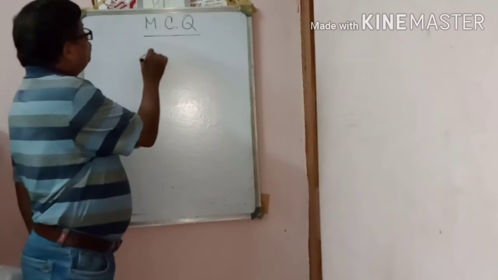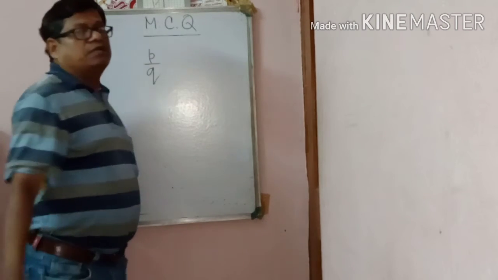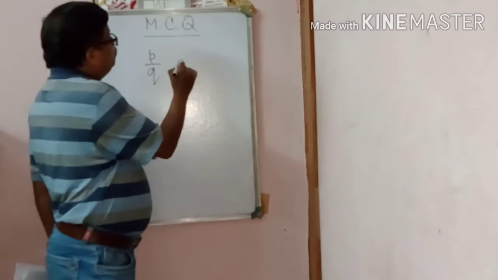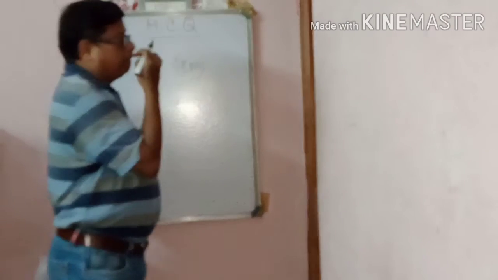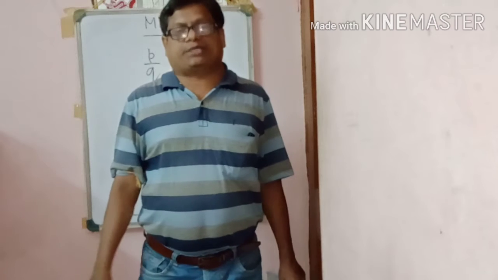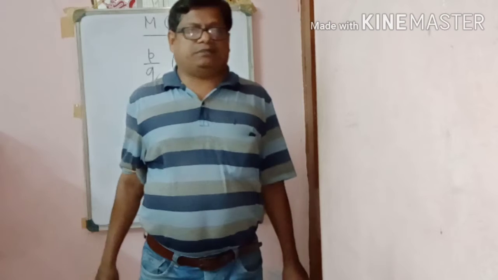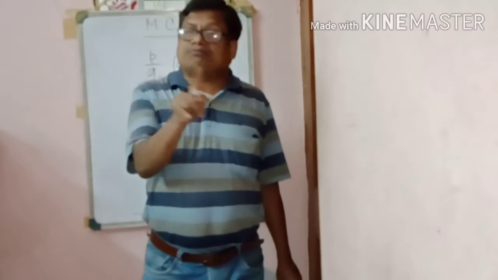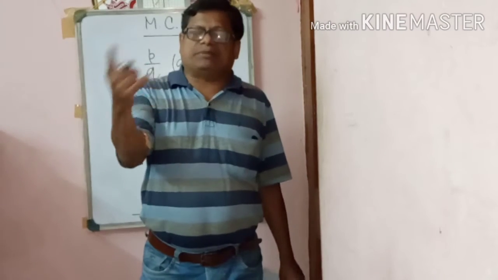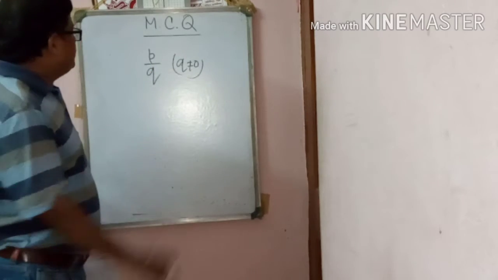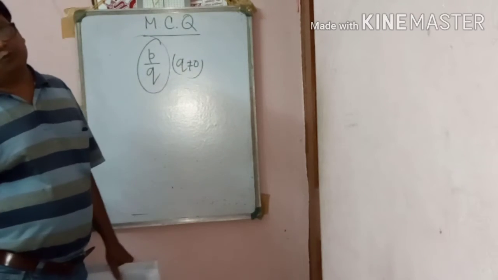Suppose P by Q is a rational number, where Q is not equal to 0. All of you know a rational number is a number which can be expressed in the form of P by Q, where P and Q are both integers that have no common factor, co-prime to each other. Then this type of number is known as a rational number.